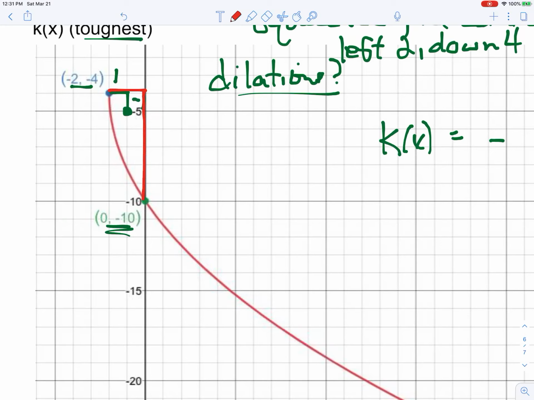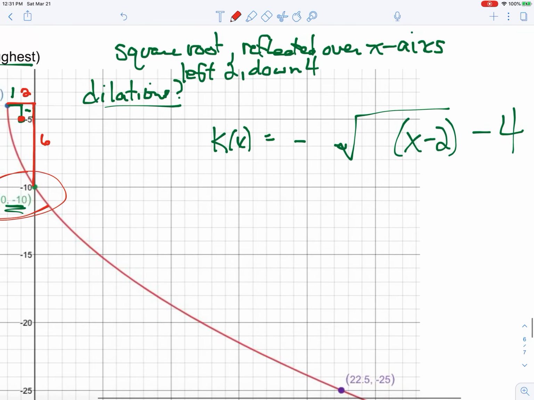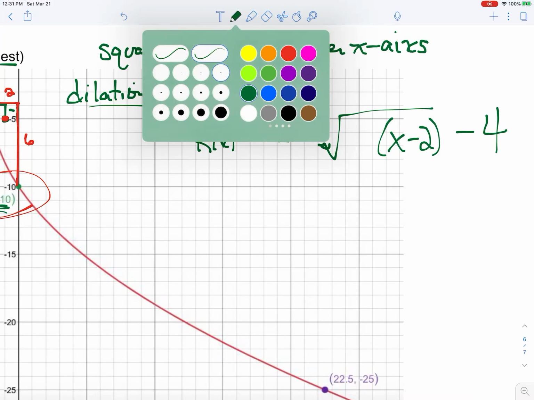So I am just wondering, perhaps it is a horizontal stretch by 2 and a vertical stretch by 6. And I'm just guessing. I'm just hoping that that is the point that corresponds to what this 1 over 1 down should be. So I'm going to make a guess and then double check.